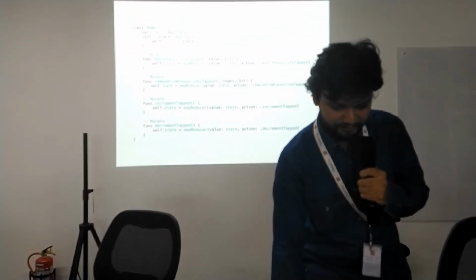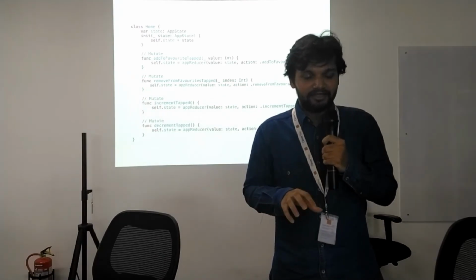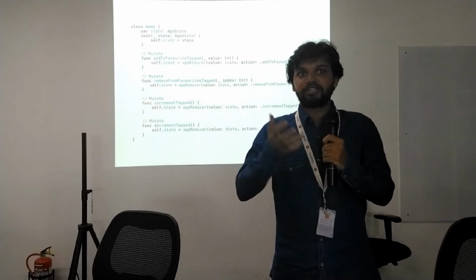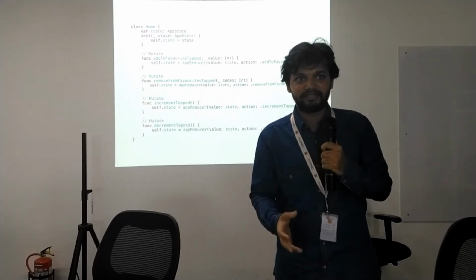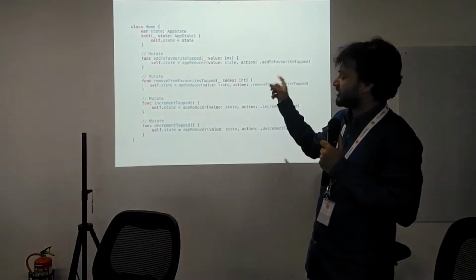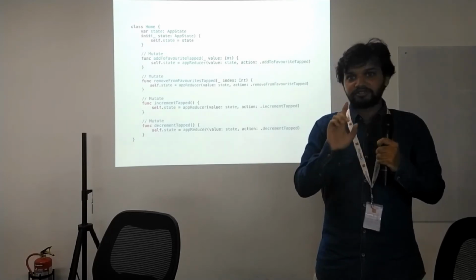The class takes a state and stores it, and whenever a user taps an action, something the user does, you call those reducer functions. The reducer functions output a state and then you assign it to your current state.